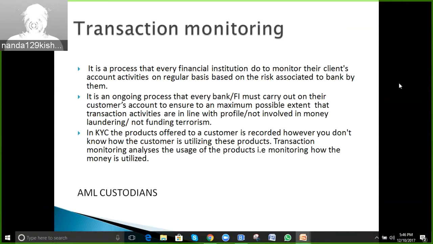These typologies are suggestions given by FATF actually. I'll give you an example: potential structuring. In this typology, the transaction pattern is that customers usually break up the transactions into 4 or 5 in a period.